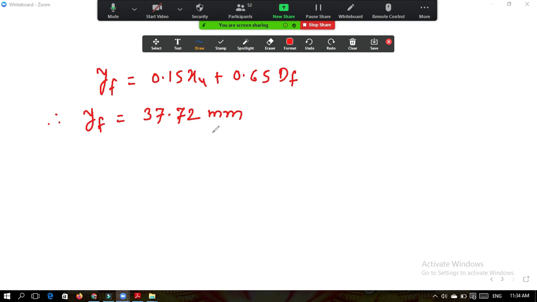Now put this value of YF in the previous formula and calculate the value of Mu.